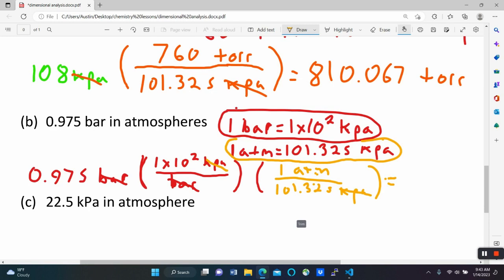So you're basically multiplying 0.975 bar by 1 times 10 to the second, so by 100, and then dividing that number by 101.325 to give you a solution of 0.962 ATM.